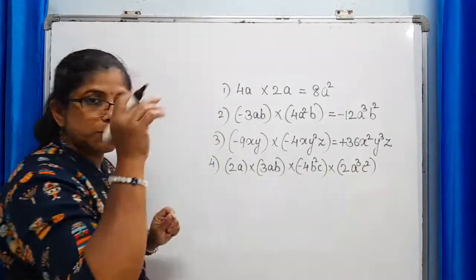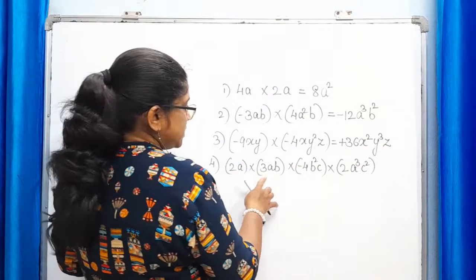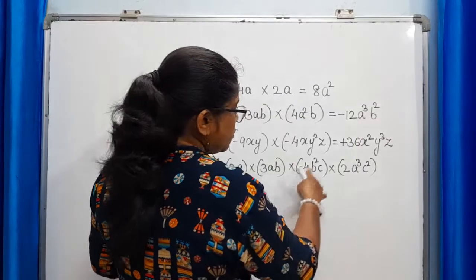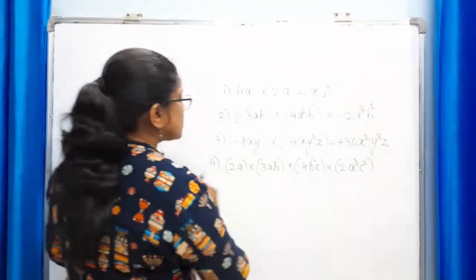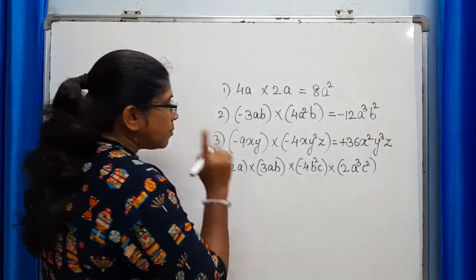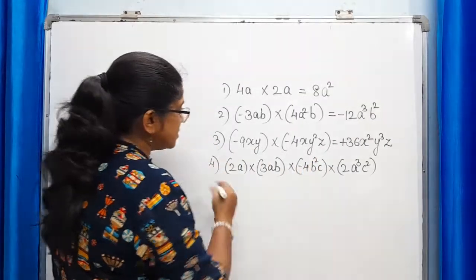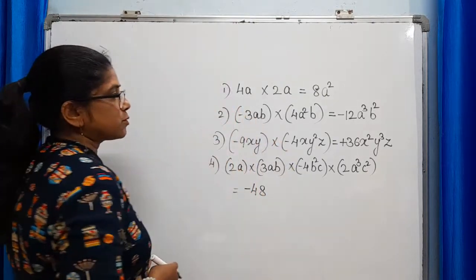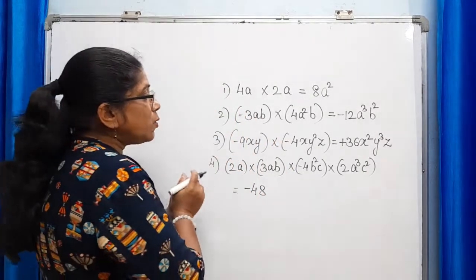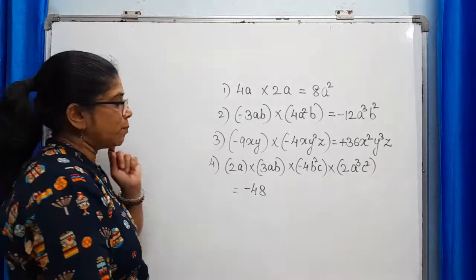Multiply all the numbers. 2 3s are 6, 6 4s are 24, 24 into 2 is 48. But here we have one minus sign. So this is minus 48. Now let's check the variable part.